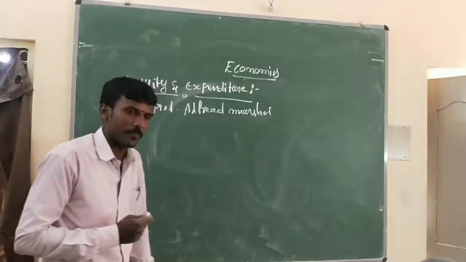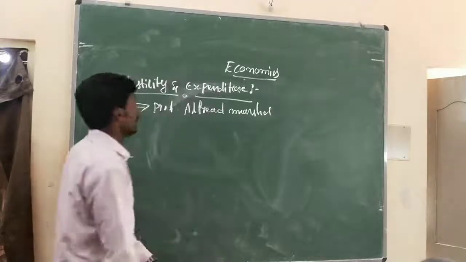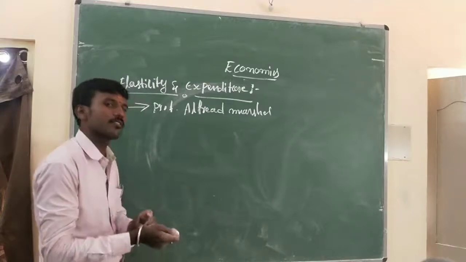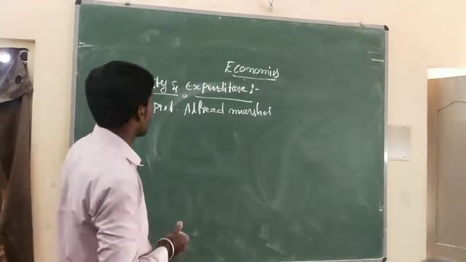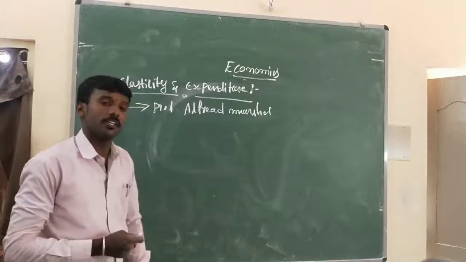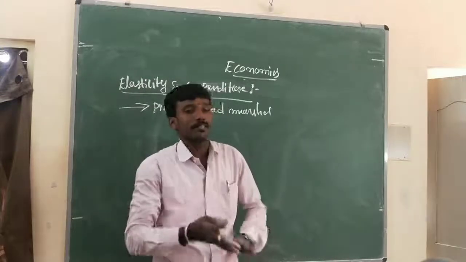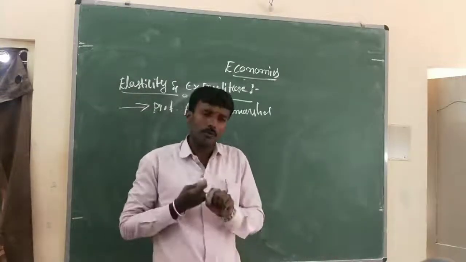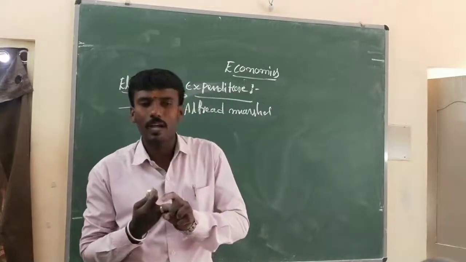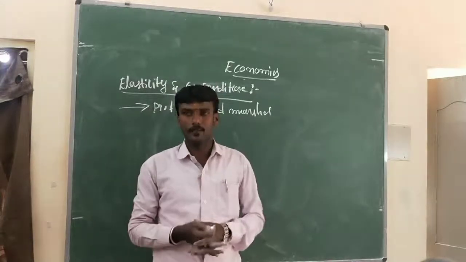See, once again I repeat, already I told that this method, the elasticity and expenditure method, was given by Professor Alfred Marshall. Already you know that Marshall was one of the neoclassical economists. And for what purpose he gave this method is very clear. Through this method we are going to learn the relationship between the prices and the expenditure, or price elasticity of demand and expenditure.